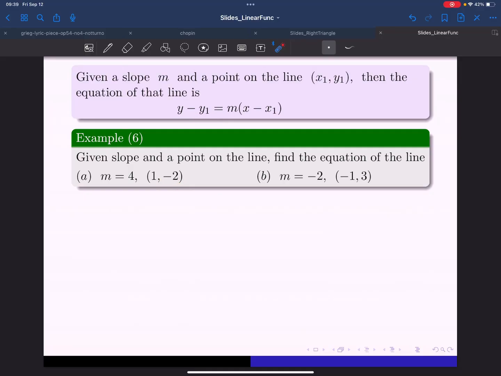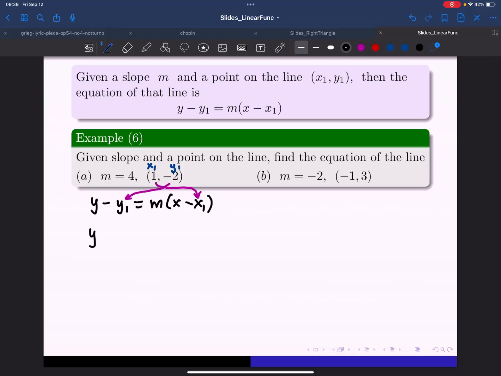So we rewrite the equation: y minus y1 is equal to m times x minus x1. This is my one point, which has coordinates x1, y1. Now we substitute. My y1 is minus 2. My x1 is plus 1. And of course the slope is also given, so we substitute for the slope.